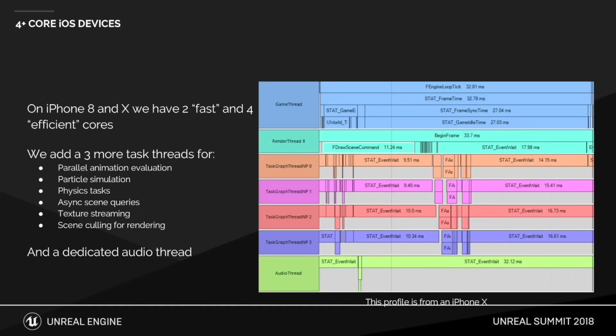But on higher-end devices such as the iPhone 8 and iPhone 10, we have 2 fast cores and 4 low-power efficient cores. So we added a bunch more task threads for animation updates, particle simulation, physics, streaming for textures and streaming for the environment.